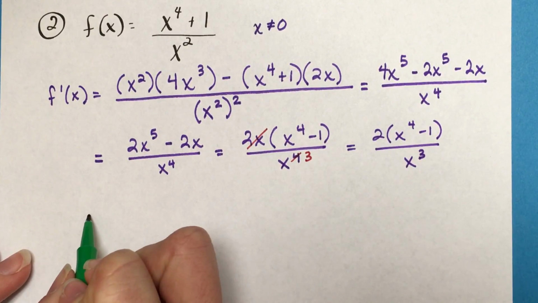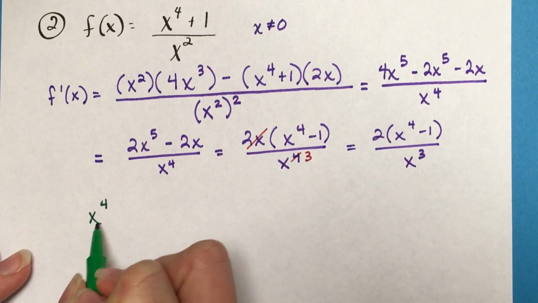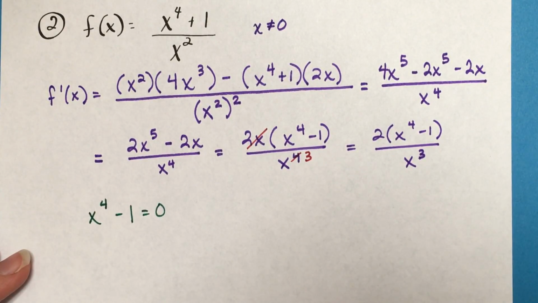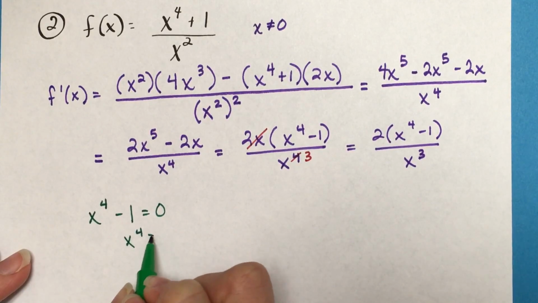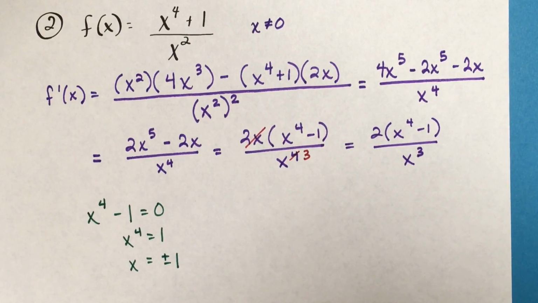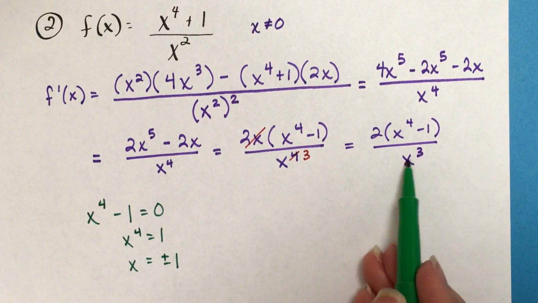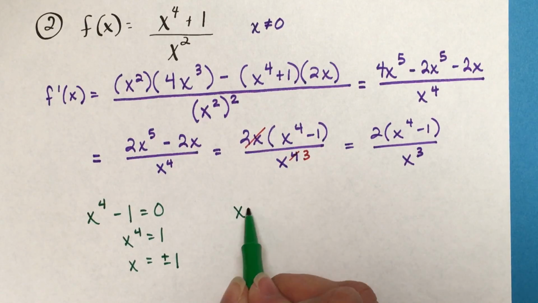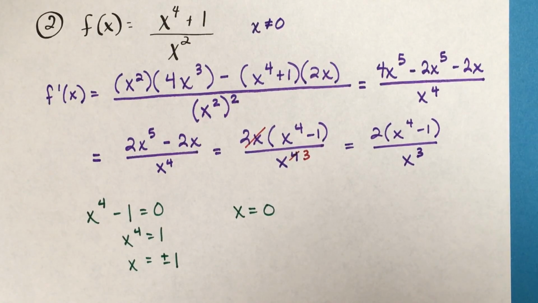We had talked about that earlier, and just take the x to the 4th minus 1. So you would have x to the 4th is equal to 1, so x would be equal to plus or minus 1. And then your denominator, and again, you could ignore the 3rd power, and that would just be x equals 0. So positive 1, negative 1, and then the 0.